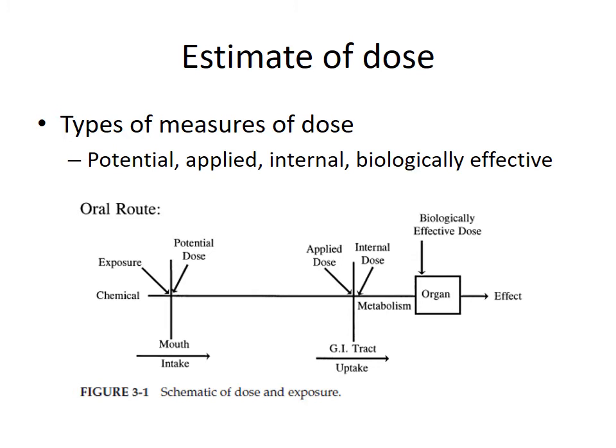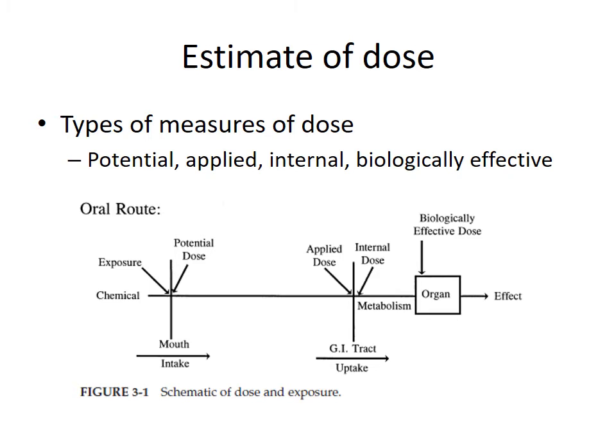One important component to understanding what we want to measure, how, and why is to think about the type of dose that we'd like to know. So in exposure assessment, we can attempt to understand the potential dose, which might just be where we measure it near the intake of the person.